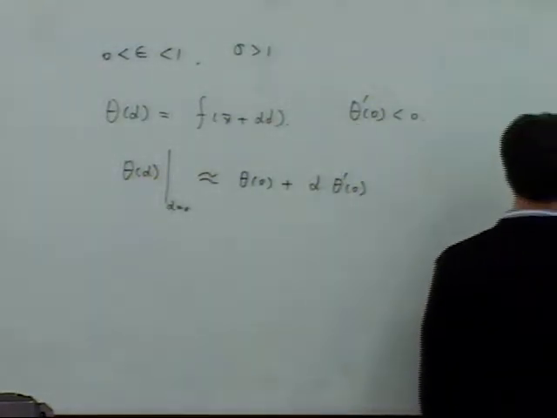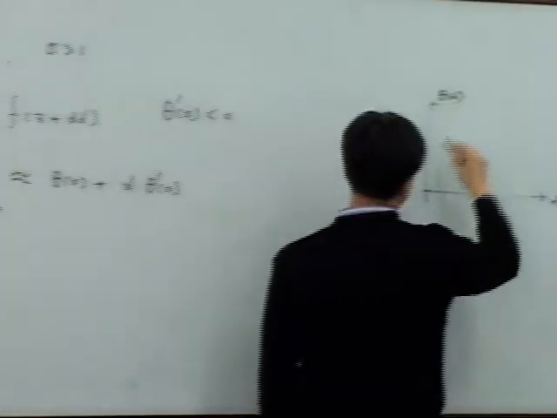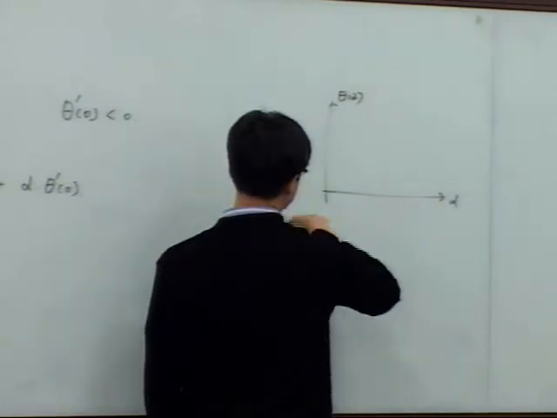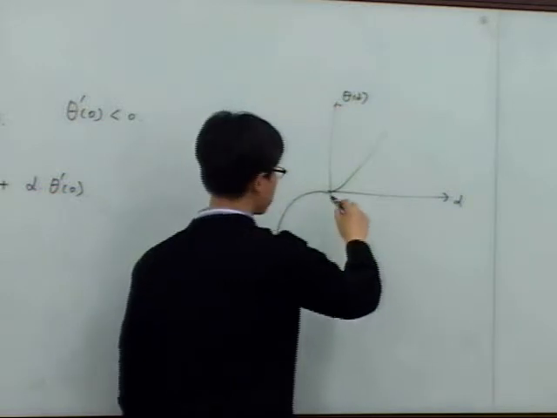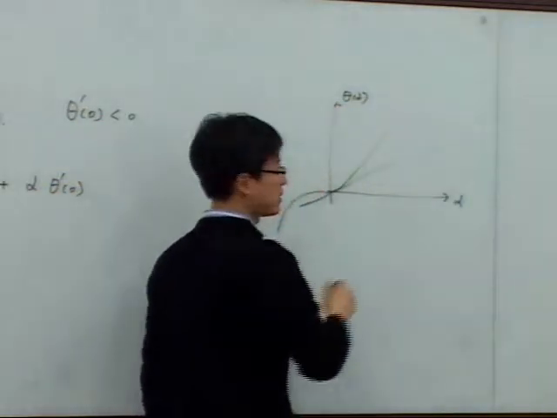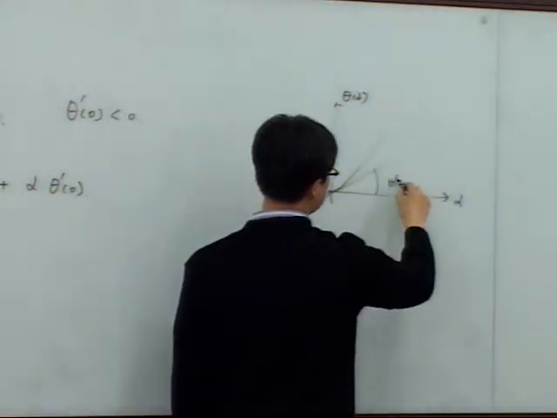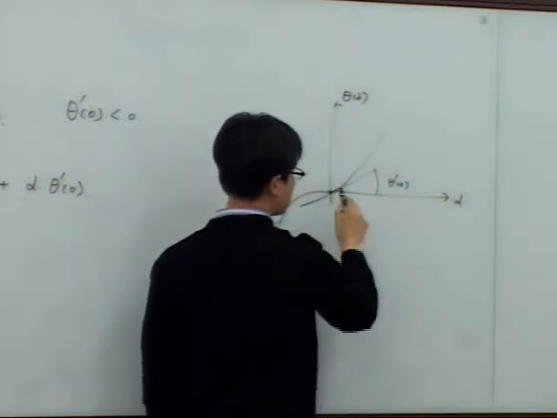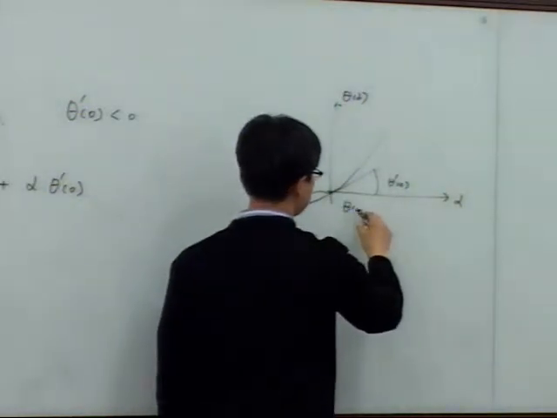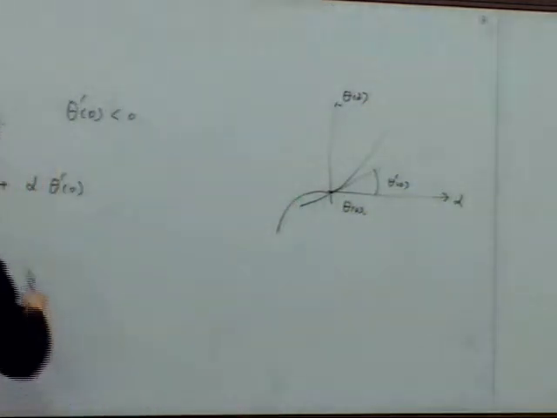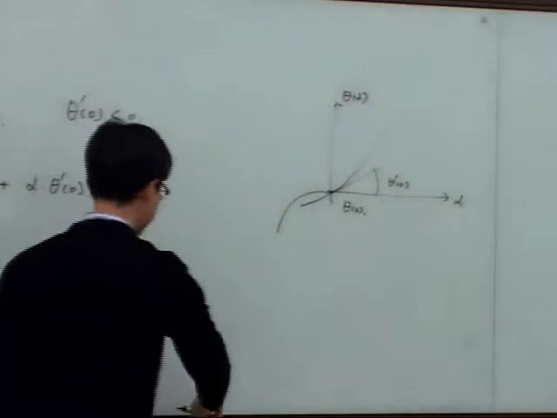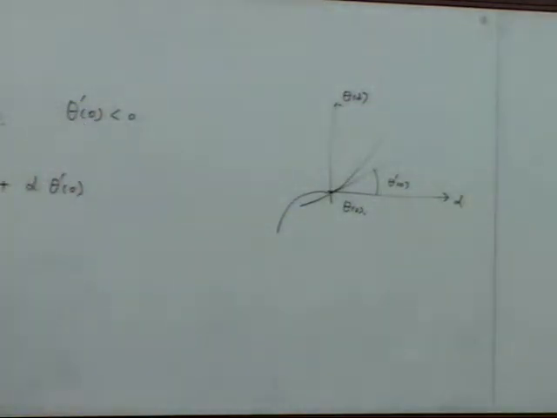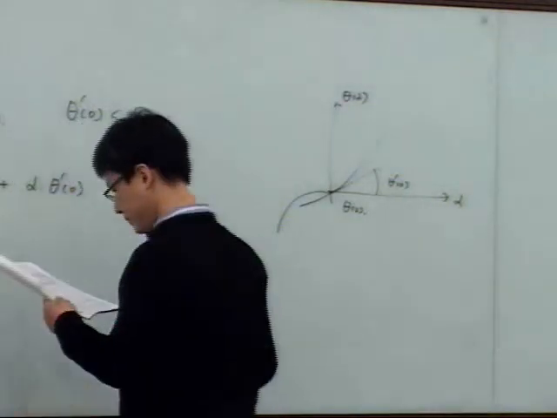This is alpha, this is your zeta alpha, and maybe your function is like that. And this is approximated by the straight line. The slope is zeta 0 prime, and the y-intercept is zeta 0. And alpha is the variable. Right? Straightforward. But anyway, we introduced an approximation. Okay?